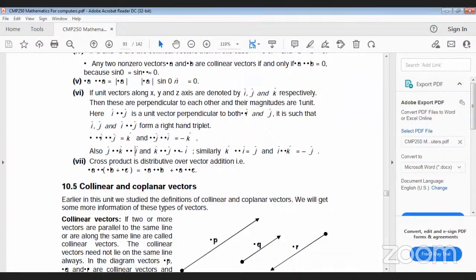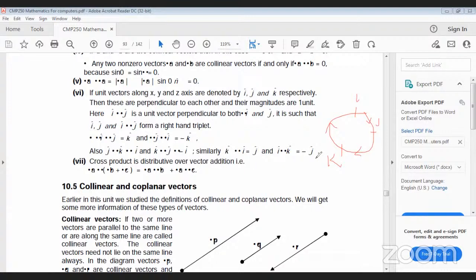So let's say this is your circle. Here is your I, this is your J, and this is your K. If you are going in this direction, I cross J gives me K, K cross I will give me J. If I am saying J cross I, J cross I will give me minus K, right?